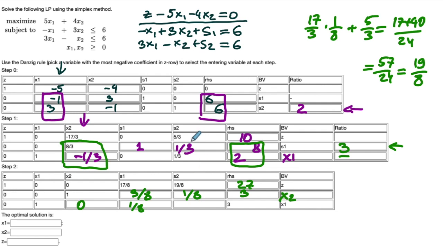And for the variable s2, the coefficient is going to be 1/3 times 1/8 plus 1/3, which is going to give us 9/24, which is the same as 3/8. So put 3/8 here. And we already have the right hand side of 3 here, so let's check that this is correct. 1/3 times 3 is 1, plus 2 is 3, so it's indeed 3. And the basic variable here is x1.